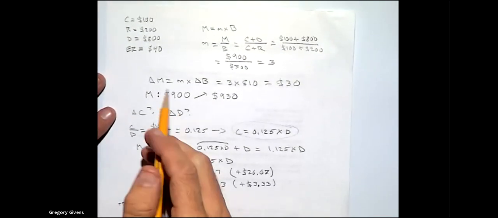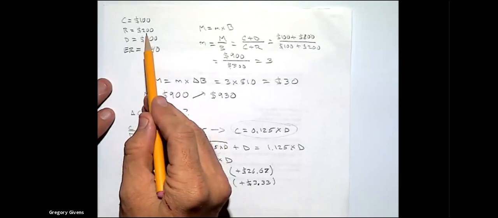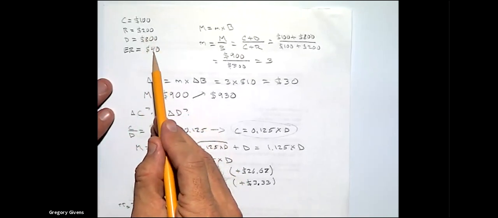Okay, the last part of the problem asks us to account for the change in required and excess reserves. All right, the required reserve ratio, remember, is required reserves divided by deposits. What are required reserves in this economy? Well, what do we know? We know that total bank reserves are 200, excess reserves are 40.